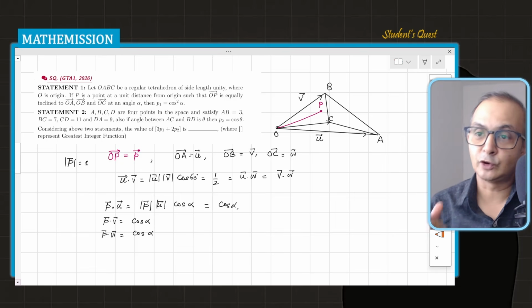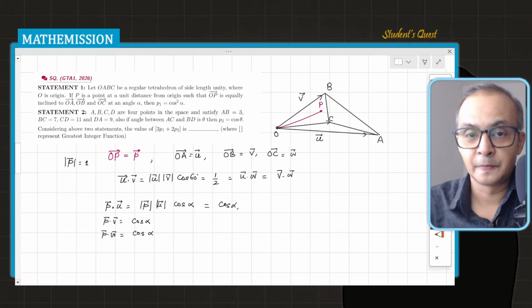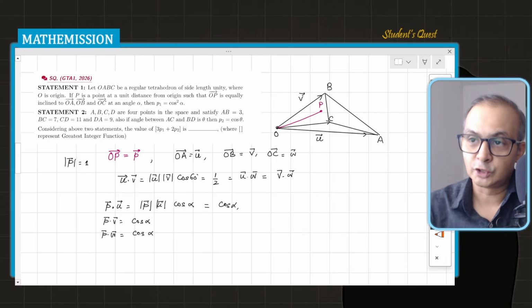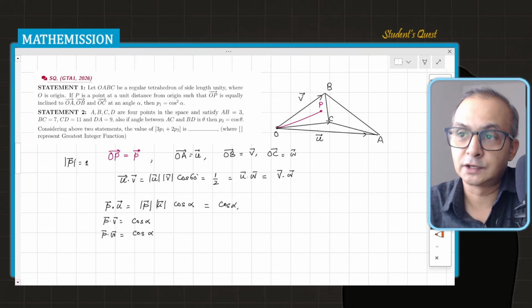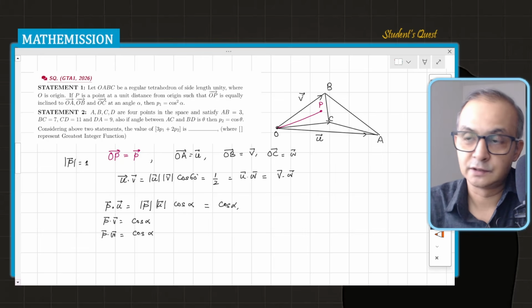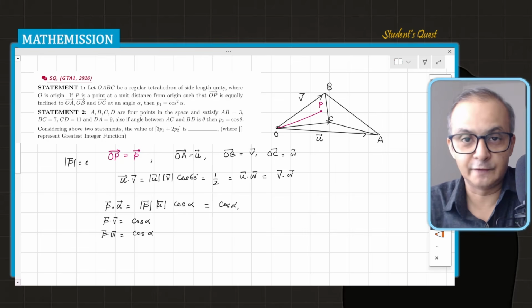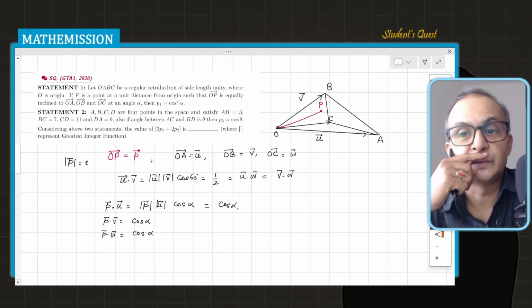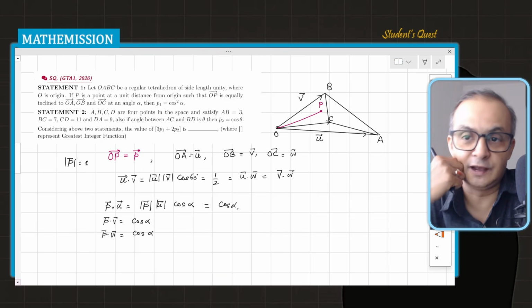So here we cannot apply what we usually apply, because U, V, W are not constructing a mutually perpendicular system, although they are unit vectors. So we cannot apply this. So we have to think of a different way to find out alpha.